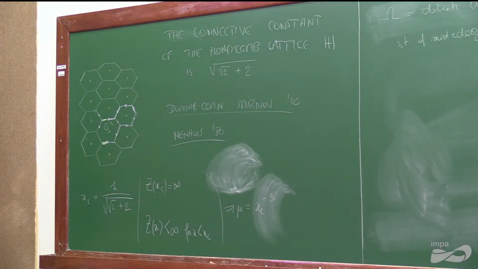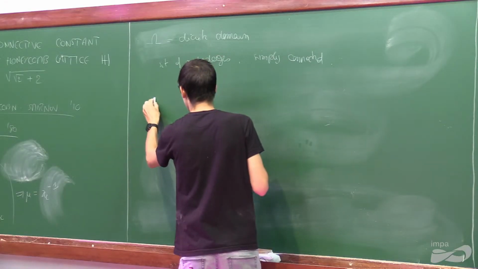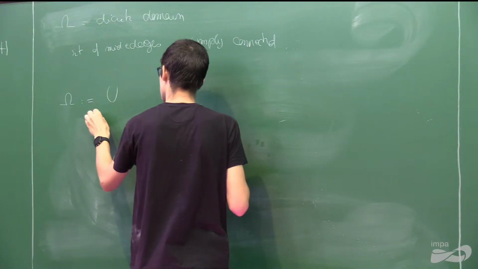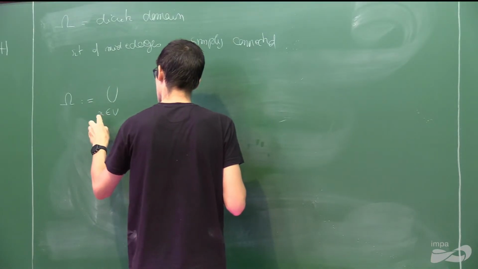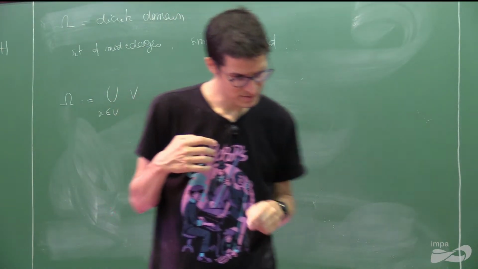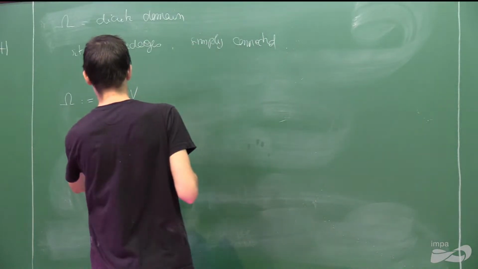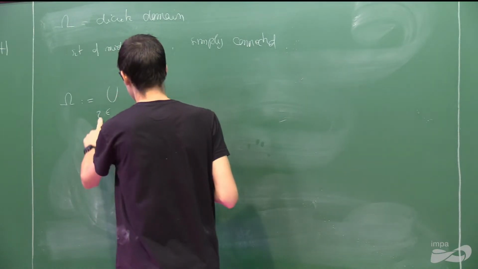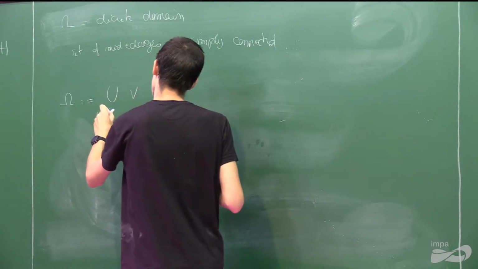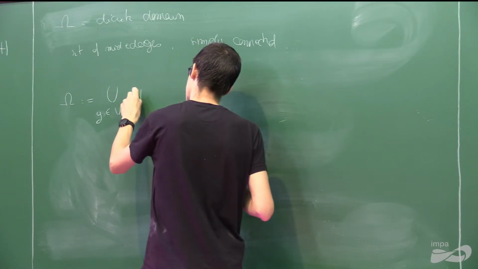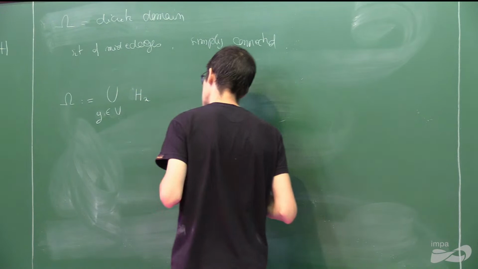And I will want another thing. I will want that omega can be written as a union, x might not be the best, Z, maybe Z is better, Y in V of Hx, Hy.